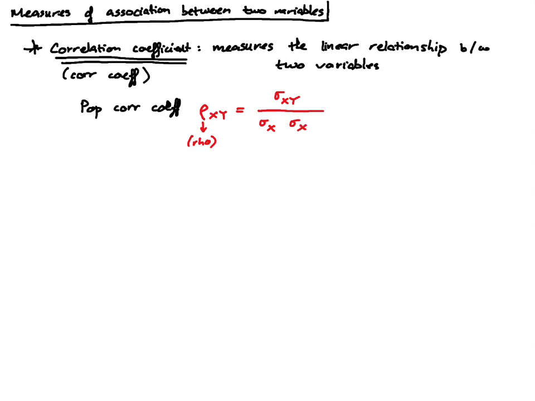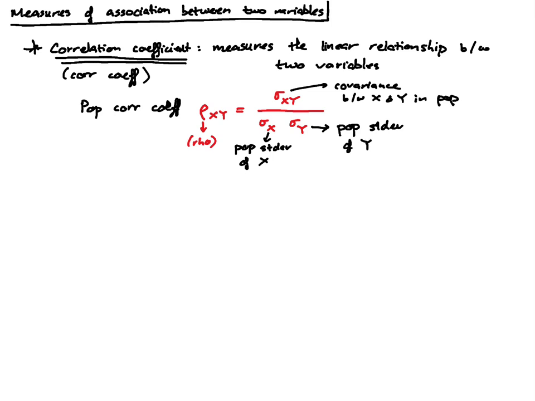And just to remind ourselves, sigma xy is the covariance between x and y in the population. Sigma x is the population standard deviation of x. Oops, and over here we should have sigma y. And sigma y is the population standard deviation of y.